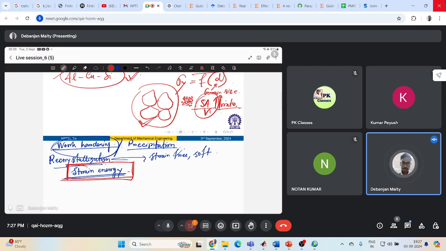Now, the extent of recrystallization: what will happen if you increase your annealing temperature? Will the recrystallization volume increase or decrease? If you are increasing your annealing temperature, the possibility of recrystallization will increase.